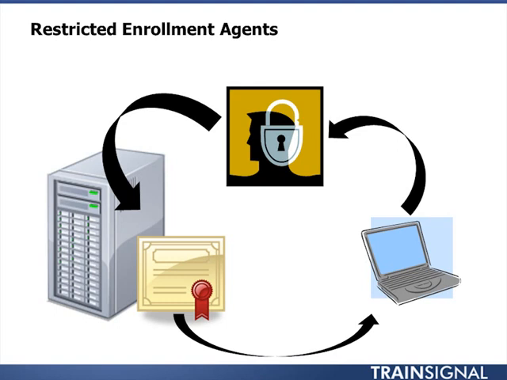One interesting recent innovation is restricted enrollment agents, where I can limit which templates the restricted enrollment agent can use when assigning certificates to a user. To support that behavior, Microsoft has rolled out an additional certificate template type specifically for creating certificates that give someone the permission to be an enrollment agent. So let's go take a look at the certificate template and see what that tells us about the way this behaves.